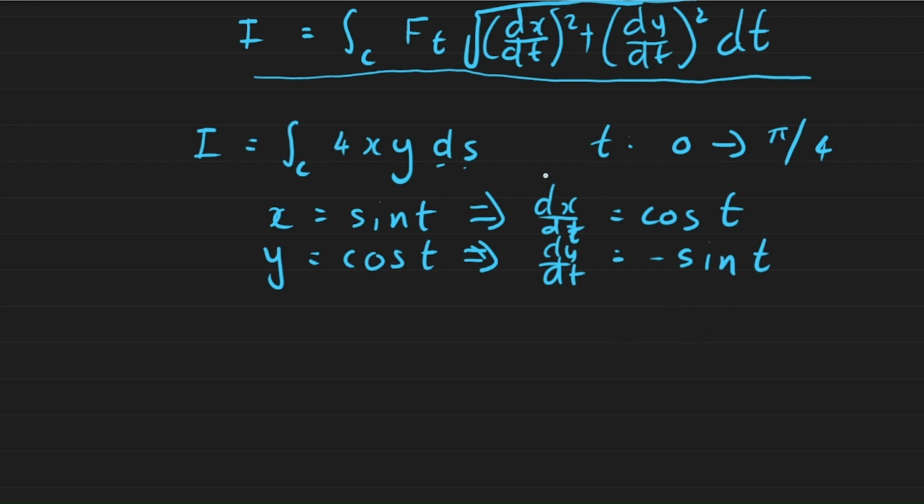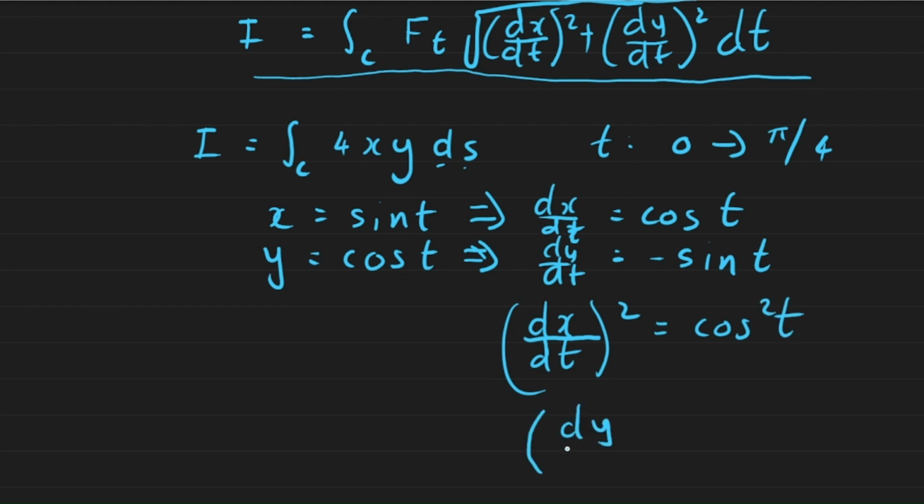So we need to square dx dt and dy dt. And when we do that, we get dx dt squared simply equal to cos squared t, and dy dt squared equal to sine squared t. And of course, the equation requires us to add both of them and take the square root of it.